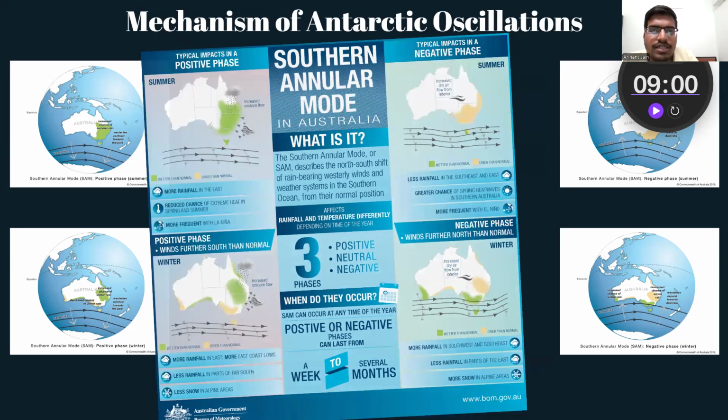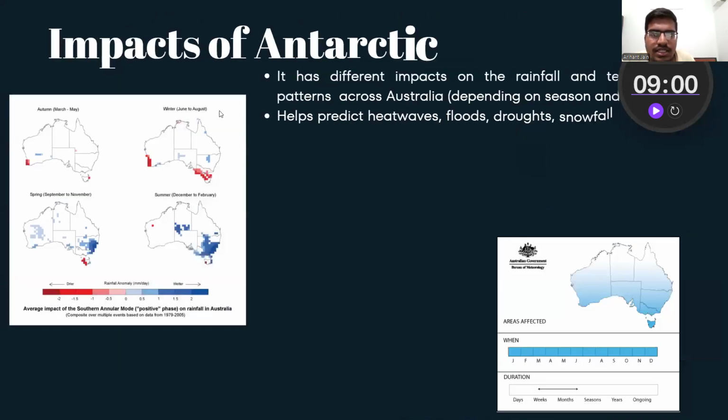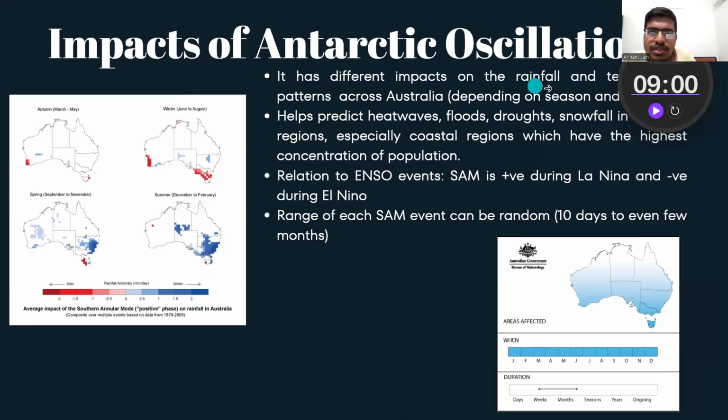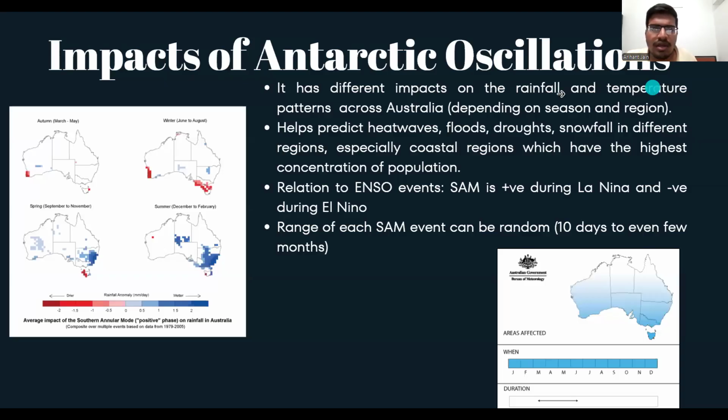Now, talking about the impacts of Antarctic oscillation, it has different impacts on the rainfall and temperature patterns across Australia, depending on the season and region. This figure shows the average impact of the Southern Annular Mode, SAM, its positive phase on rainfall in Australia across a large range of events from 1979 to 2005.